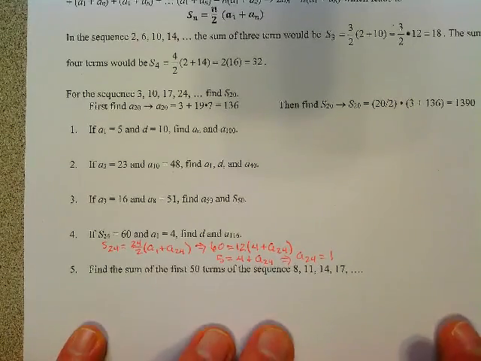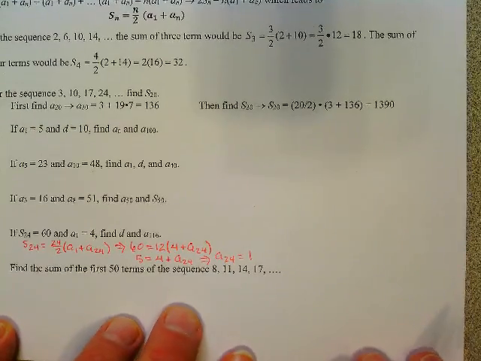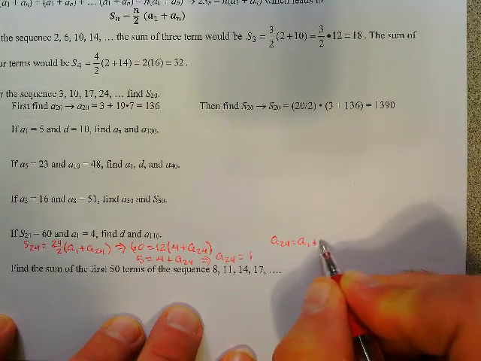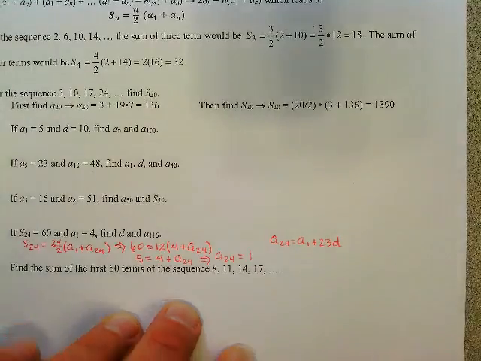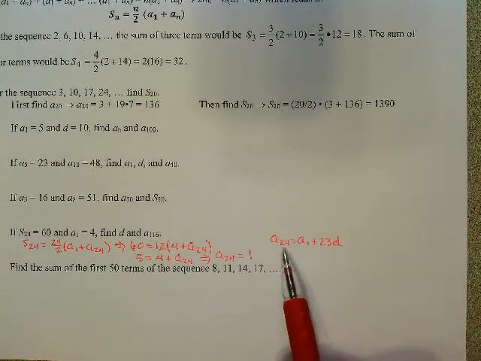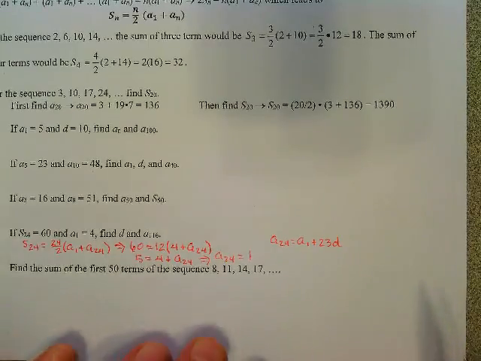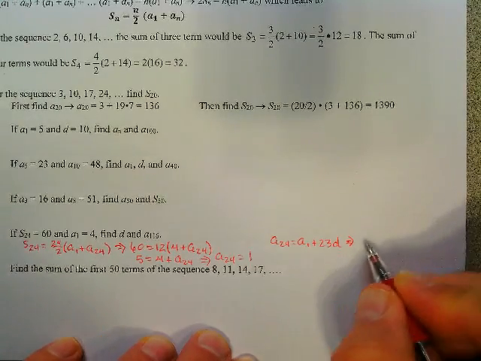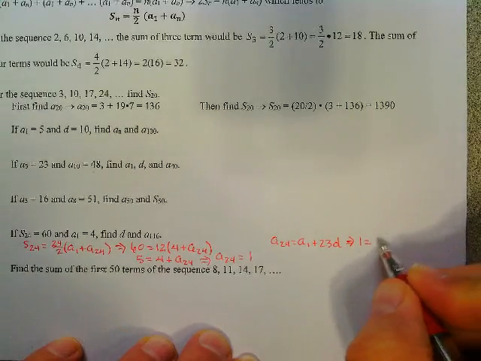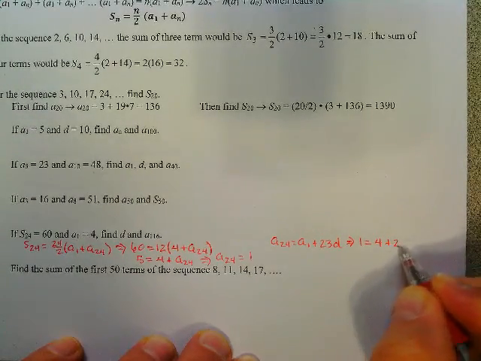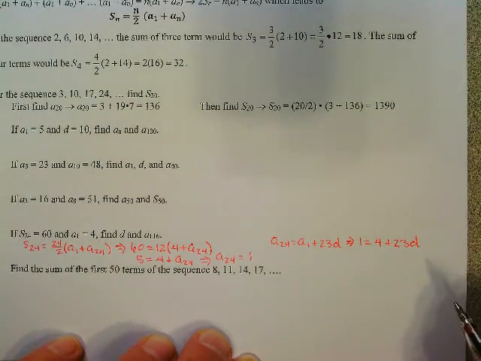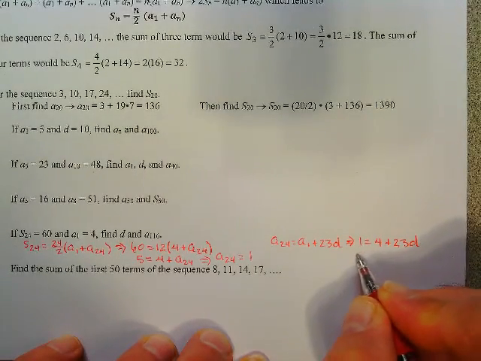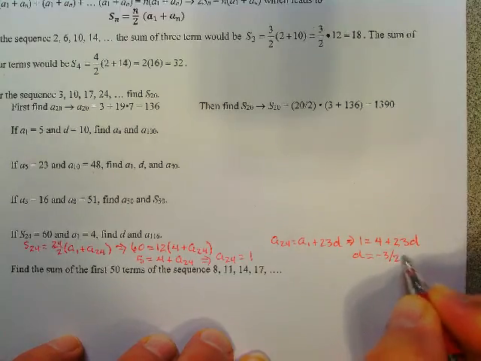Now, I can then turn around, now that I have that, and go, all right, well, A24 has to equal A1 plus 23 times D. Again, this one is one less than that one. I know what A1 is, so basically A24, that was 1, A1 was 4, plus 23D, solving for D, I end up with, well, 1 minus 4, that's negative 3, so D is negative 3 over 23.